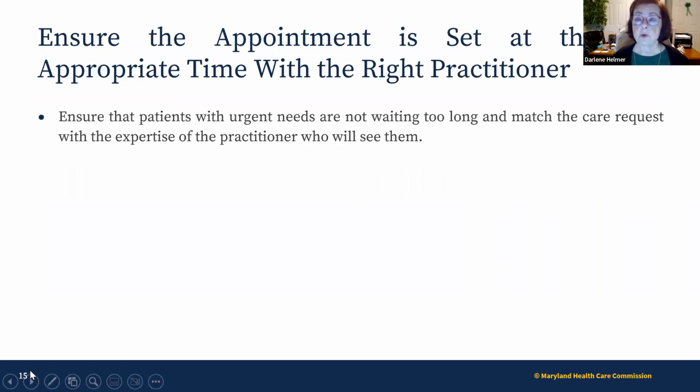So make sure that the appointment is set at the appropriate time with the right practitioner. Make sure that urgent needs are not waiting long, and match those care requests with the actual expertise of the practitioner who will see them. You may have a practice that has multiple specialties or subspecialties. For instance, I'll use ophthalmology.